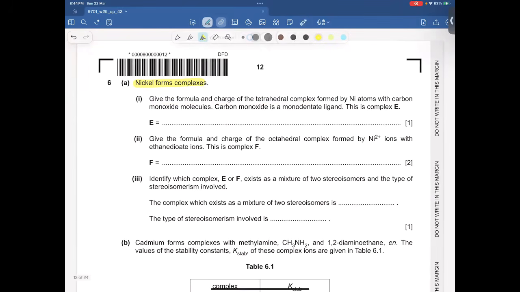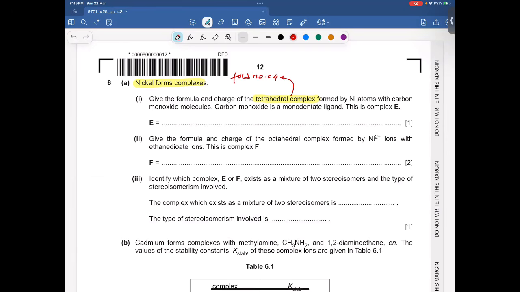When we say tetrahedral complex, it means the coordination number needs to be 4. And coordination number is also called fold number. So it must be 4, which means 4 ligands need to be attached to the transition metal ion.